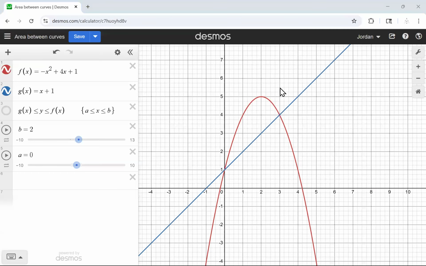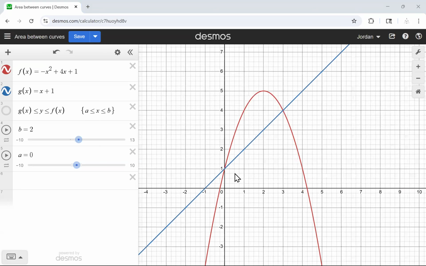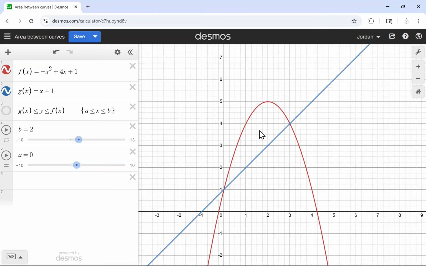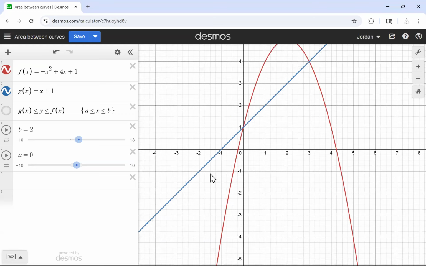I graphed on Desmos, but there are some tools on the TI-84 that would actually be beneficial to use if you were graphing with the TI-84. So you can graph on Desmos, graph on TI-84. For the purposes of this, both work just fine. In this case, you'll see that there are a lot of different bounded regions.